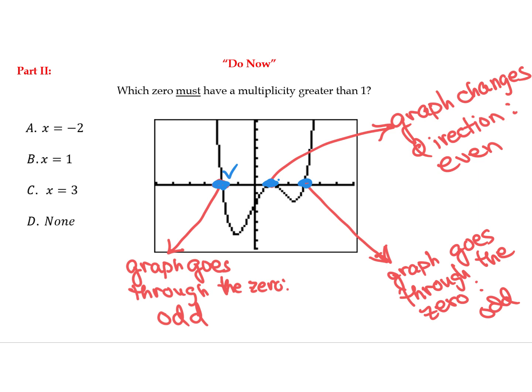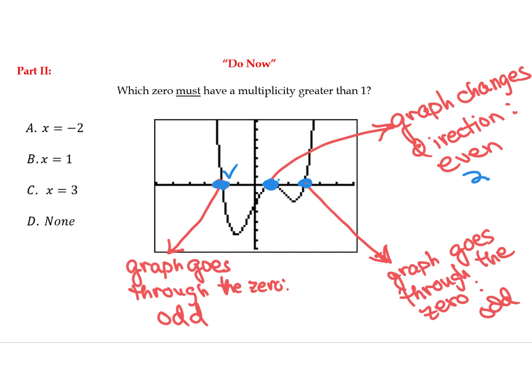All right, the second 0 changes directions. The graph is going up, and then it goes down. It changes directions at that point. Therefore, that is even. And if the multiplicity is even, the smallest multiplicity it could have would be 2.